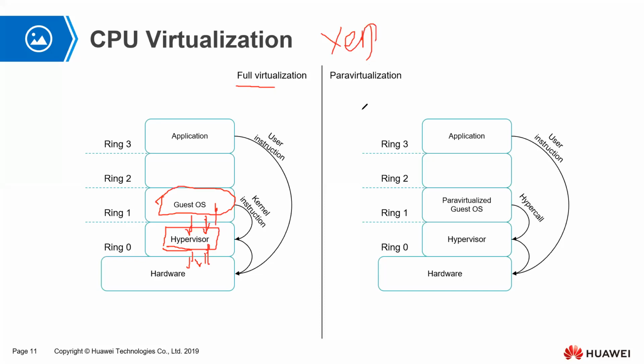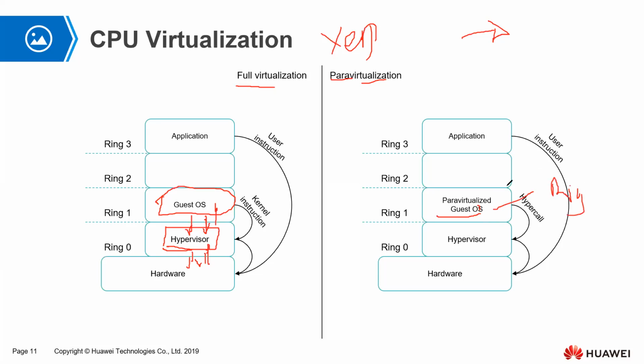What we mean by para-virtualization is that we get the operating system and modify its source code. It's more like getting your dog and training it to do ABCD, although this is not a dog. We modify the guest operating system's source code and make it aware that it is no longer operating at ring 0.